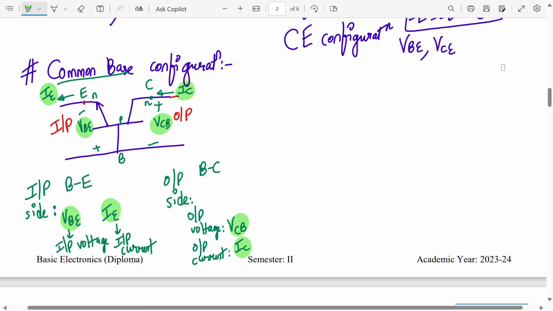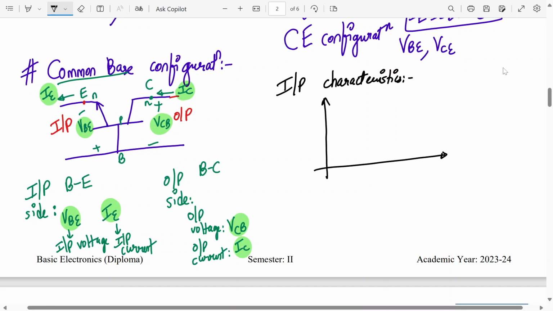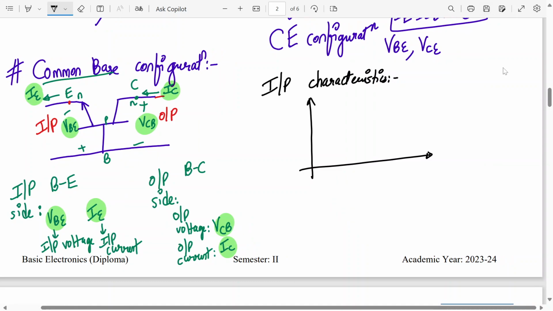Now इनको ध्यान में रख के we have to plot. So can we start? We'll start with input characteristics. Input characteristics is a plot of input current versus input voltage. Now what is my input current? Tell me what will come in the x-axis, y-axis. On the x-axis always voltage will come.